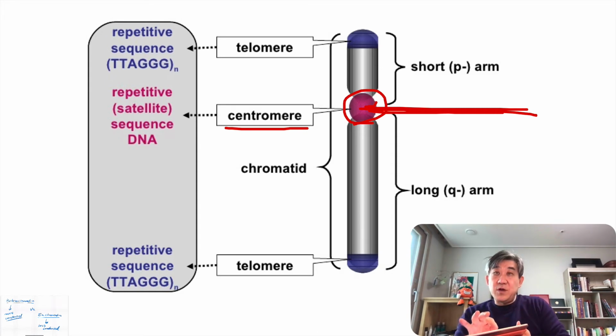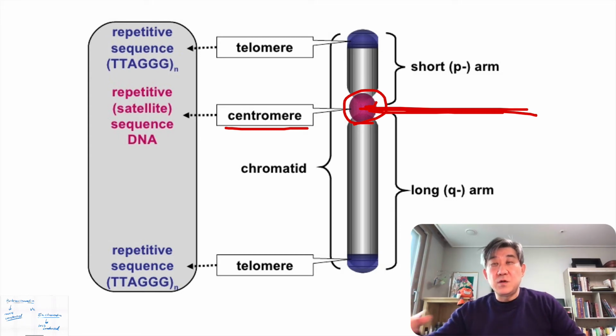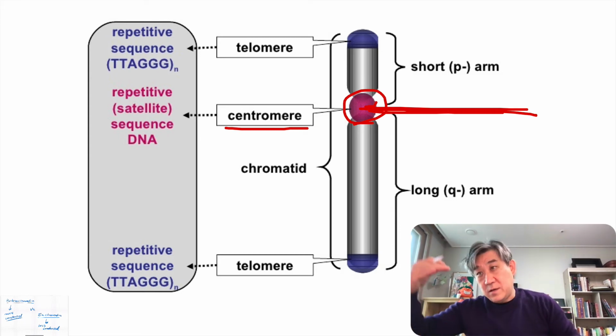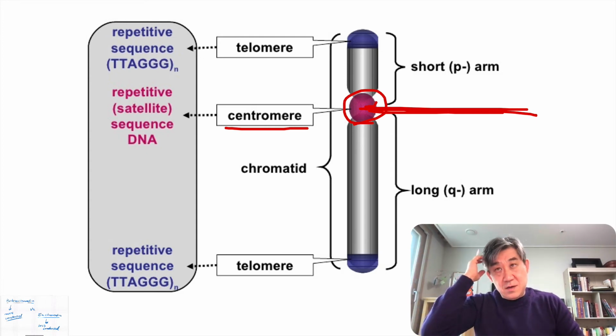But this is the area we call the centromere. It is the central area, even though, depending on the type of chromosome, the exact location of a centromere could be different.